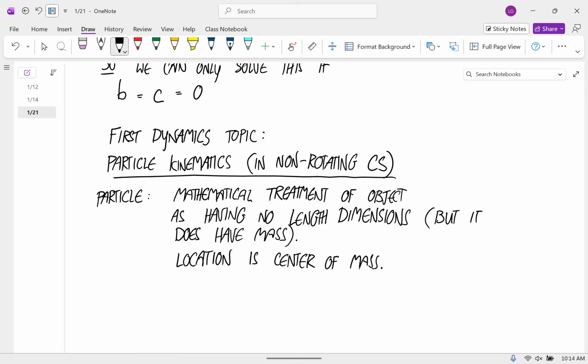And that means that you can't do any treatment of changes in orientation. You can't tell whether it's upside down or right side up or facing this way or facing that way. So there's no way to address changes in orientation.